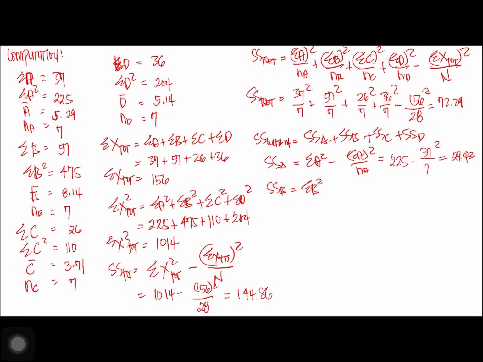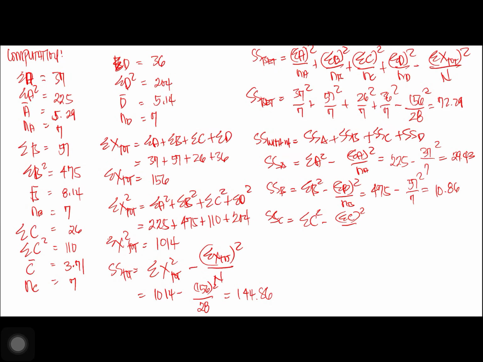Okay? So for SSB, we have there summation of B squared minus summation of B squared over NB. That is equal to 475 minus 57 squared over 7, which is equal to 10.86. Okay?